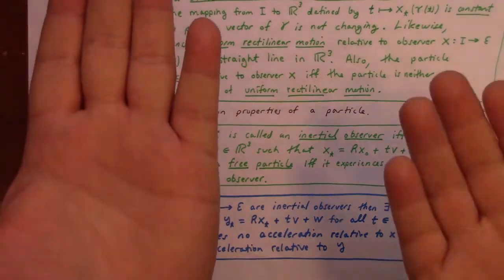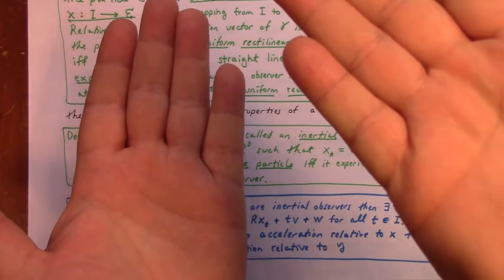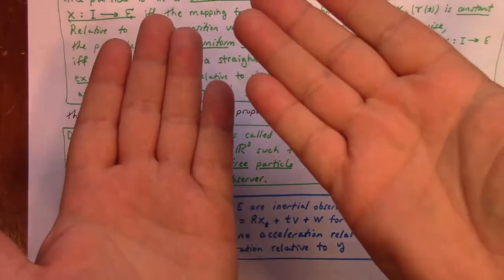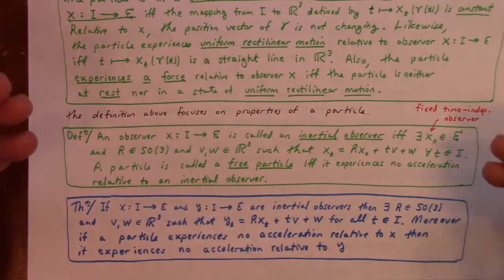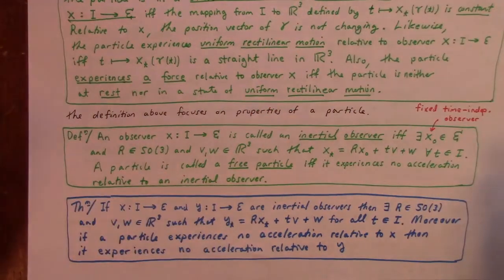You have one here, one's up and shifted up, and it's a little bit rotated, but they're both going up at the same acceleration. Well, the coordinate systems relative to those two accelerating elevators would be inertially related, right? Because they have the same acceleration relative to an actual inertial system, which in this case would be like the tabletop.